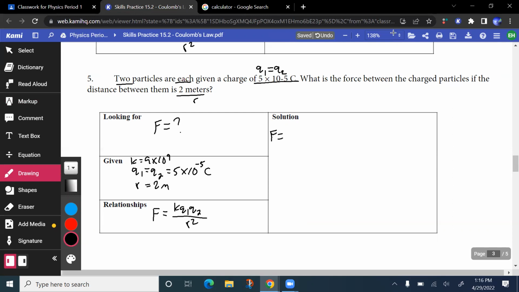Let's go ahead and substitute our information in there. K would be 9 times 10 to the 9 times charge 1, which is 5 times 10 to the negative 5, times charge 2, which is 5 times 10 to the negative 5. Close parentheses. We're going to divide that by open parentheses, 2 meters, close parentheses squared.